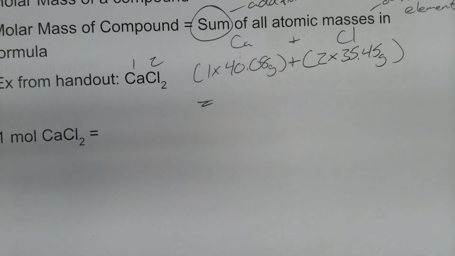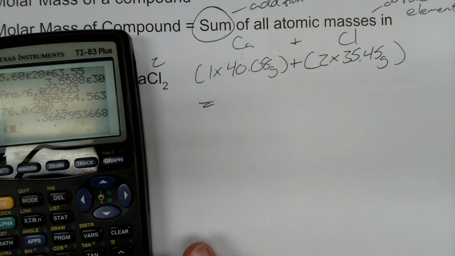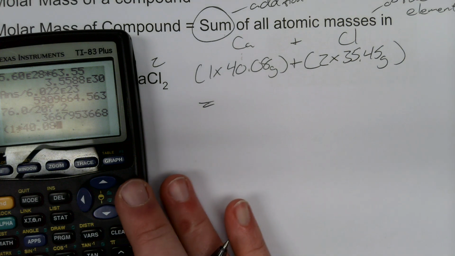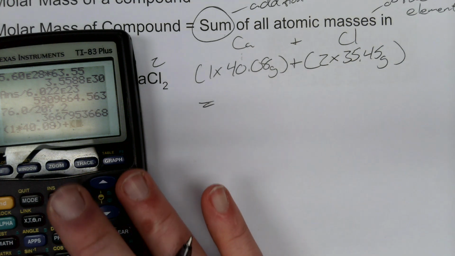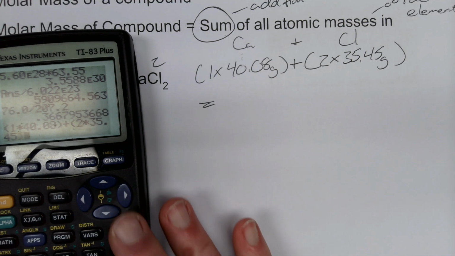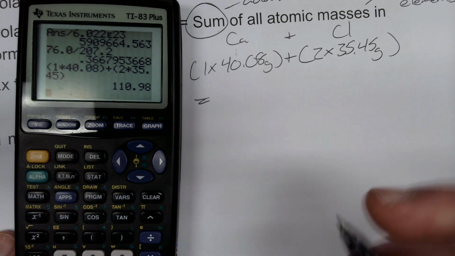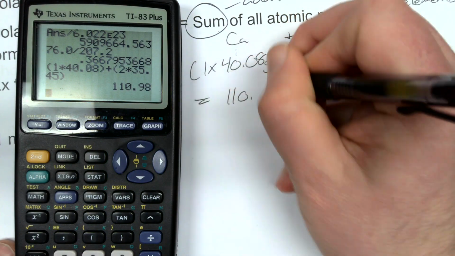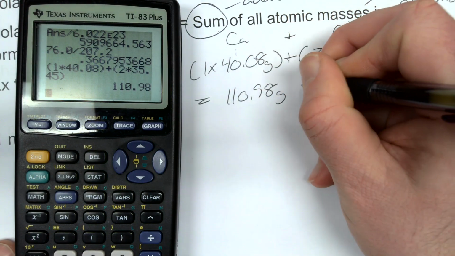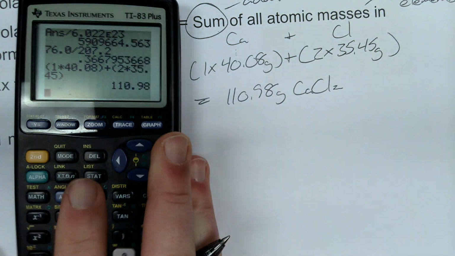I pull up my handy-dandy calculator. In parentheses, I have 1 times 40.08 grams plus 2 times 35.45 grams of chlorine means I have a total of 110.98 grams of calcium chloride.